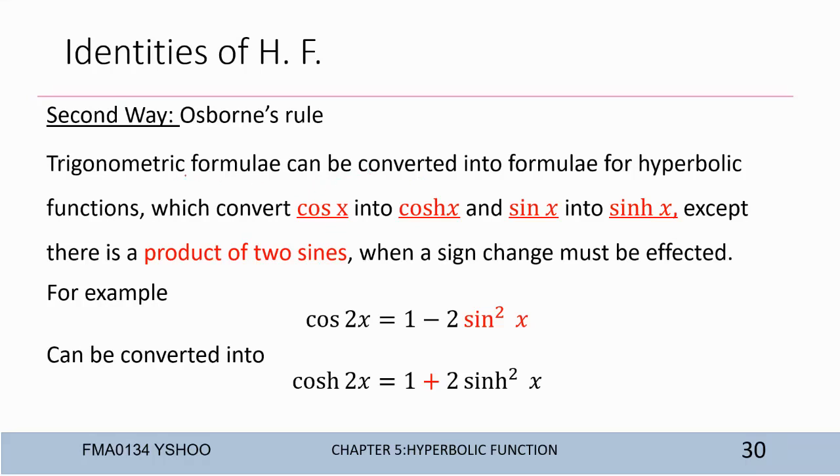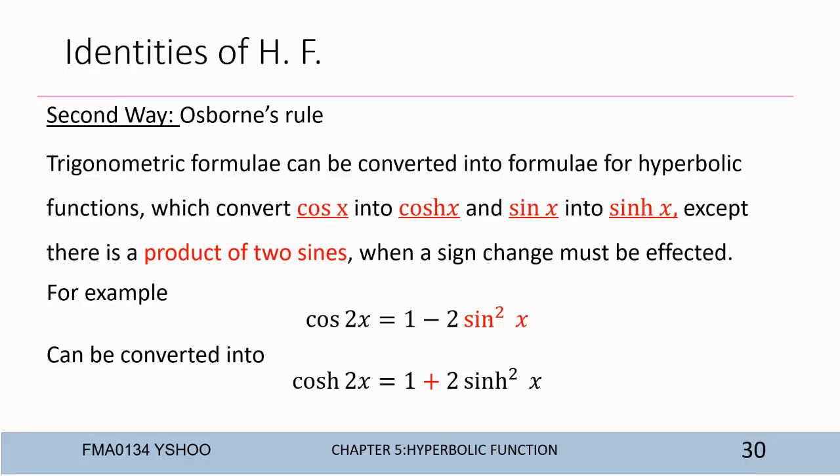It says that a trigonometric formula can be converted into the formula for hyperbolic functions. Whenever you see cos x, you just change it to become cosh x. And when you see a single sine x, you change it to sinh x, except when you have a product of two.